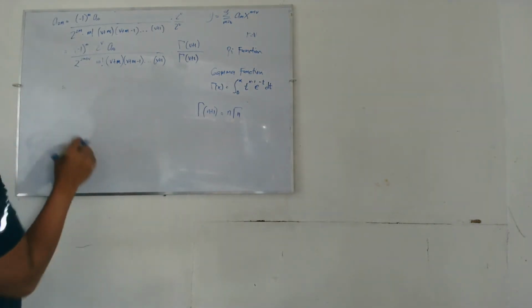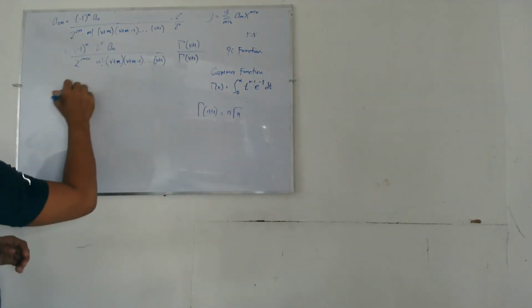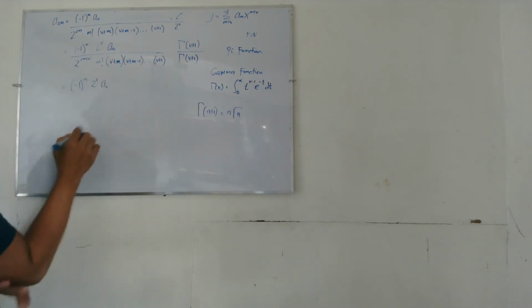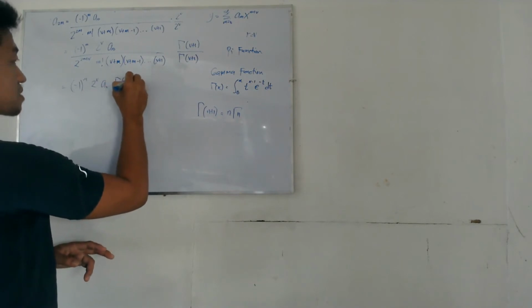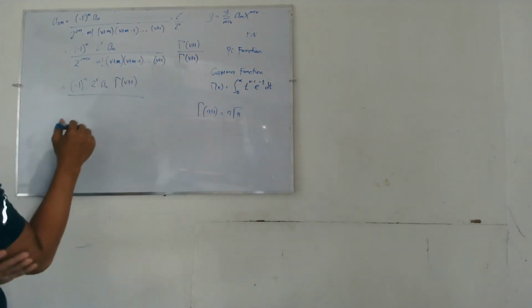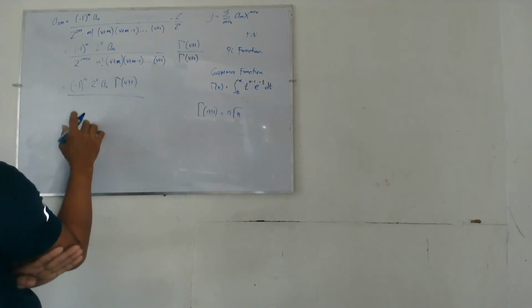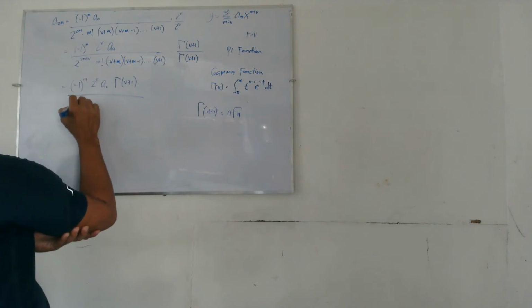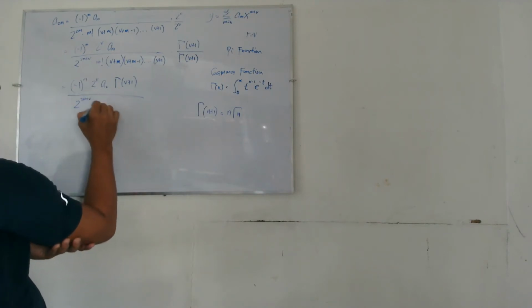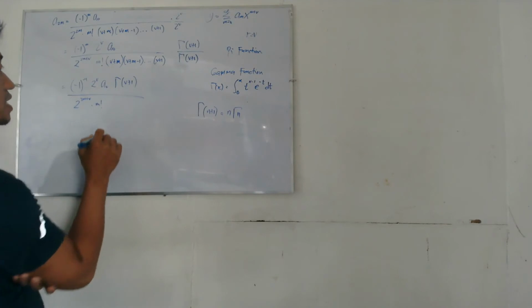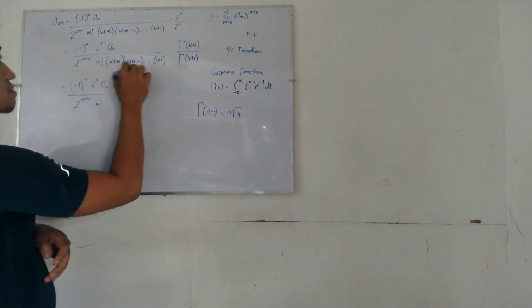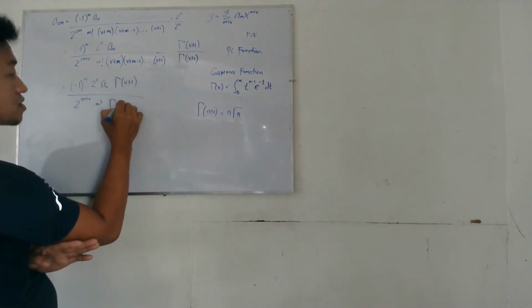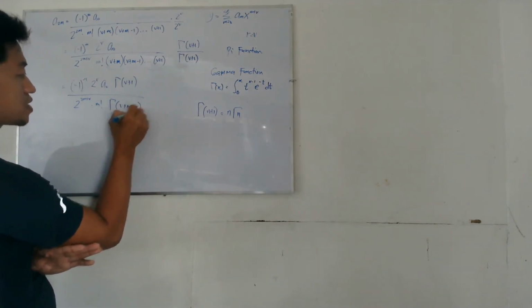Here we have negative 1 to the m, retaining gamma of b plus 1 over 2 to the 2m plus b times m factorial, then gamma of b plus m plus 1.